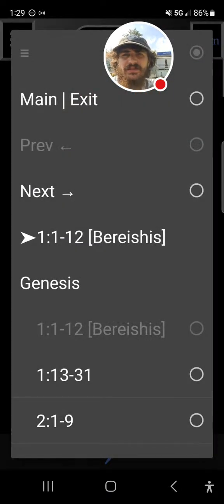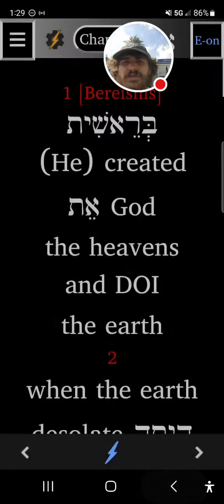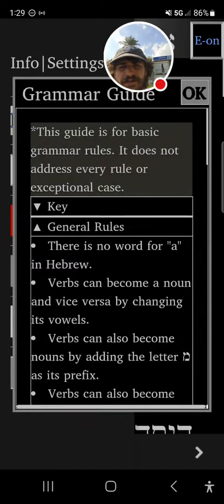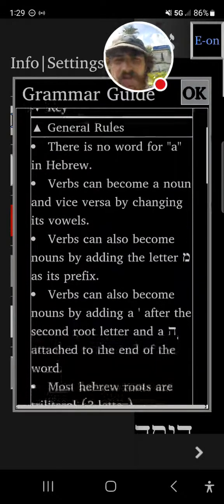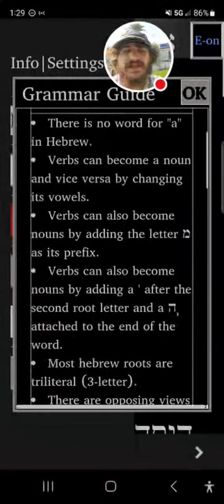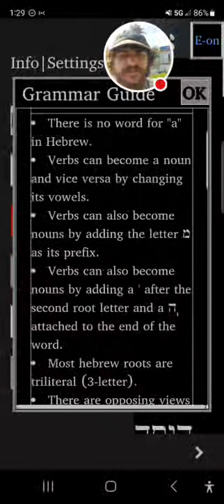We also have a grammar guide that I found very useful. So if you go to the grammar guide, we can read from general rules. There is no word for "a" in here. A cat. There's no word for a cat. You would just have cat. Verbs can become a noun and vice versa by changing its vowels.